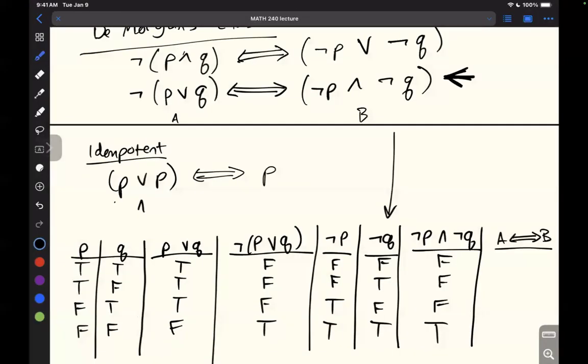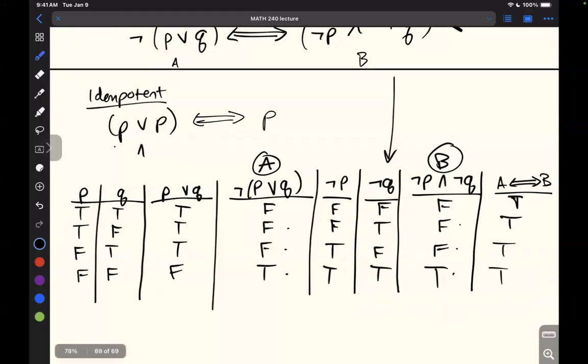This is A. This is B. In this line, both of them are false, so this is true. In the next line, both of them are false, so the biconditional is true. In the following, again, they're both false. And in the last, they're both true. And so with that, we get a tautology.